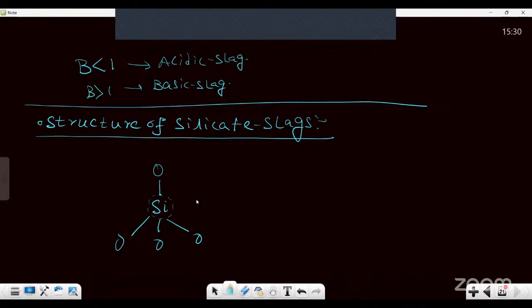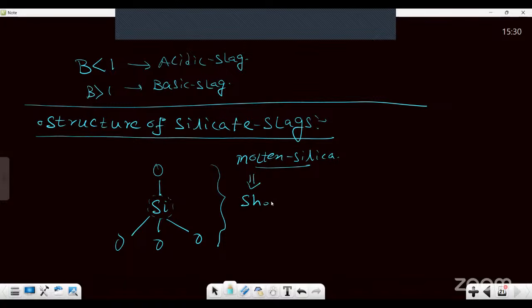But in molten silica, what is happening? Because slag is in the molten form, in molten silica some of these silicon oxygen bonds are broken. So you will not find long range order.